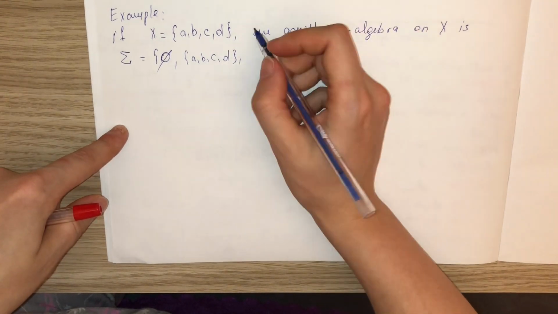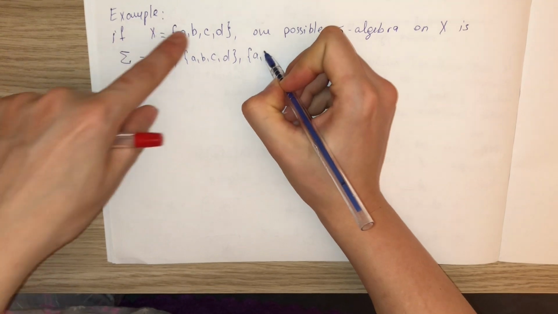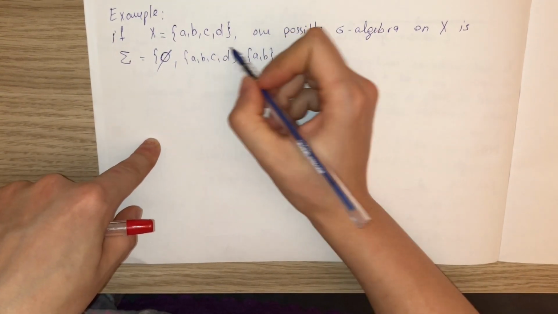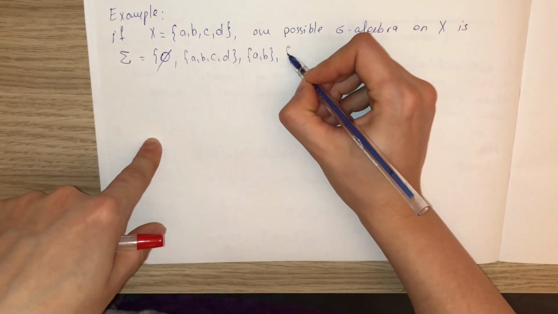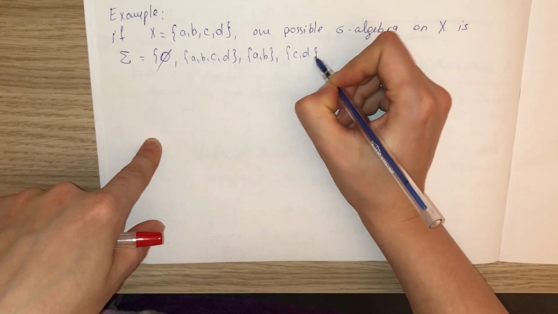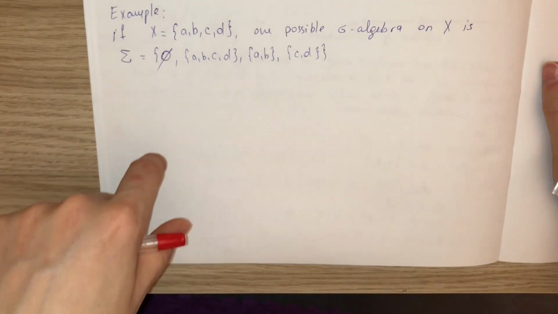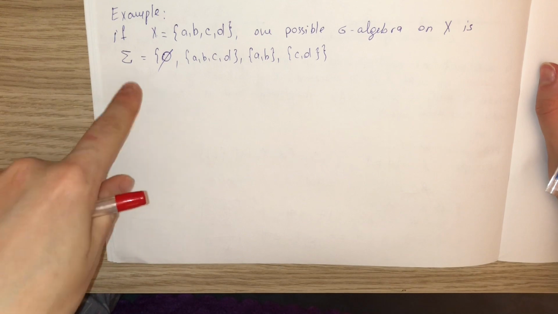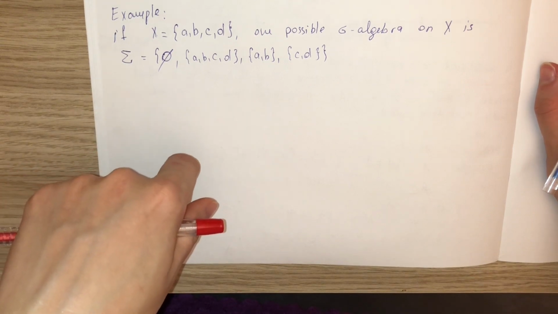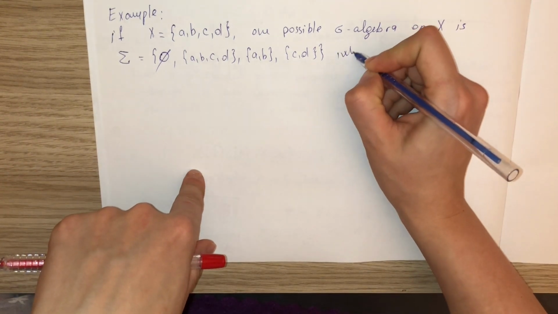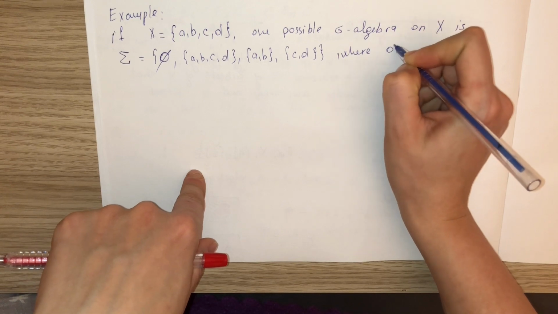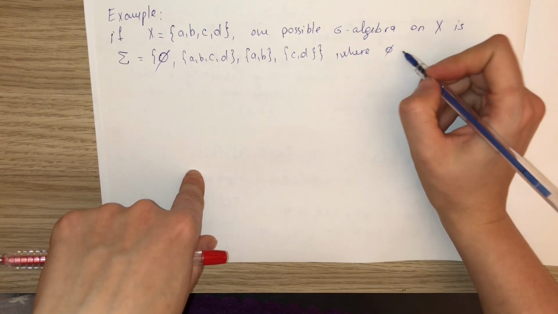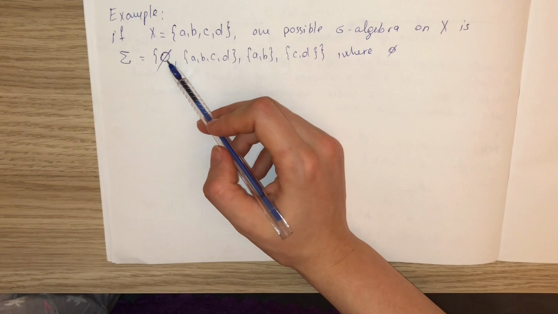Also, they can be just the set {a, b}, or the set {c, d}. This is one possible sigma algebra on X, where the empty set is also included here.